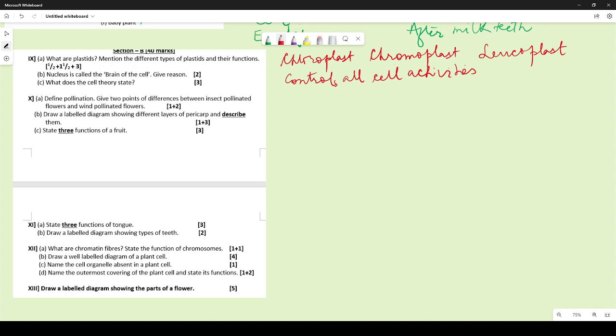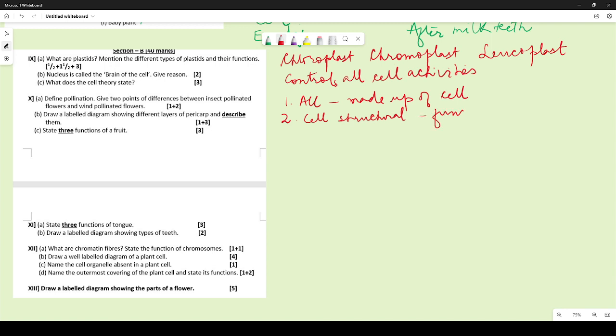Now let us come to the cell theory. What does the cell theory state? There are 3 points to the cell theory. First, it says that all living organisms are made up of cells. I'm writing in short over here just to explain to you. The second one is that the cell is the structural and functional unit of life.